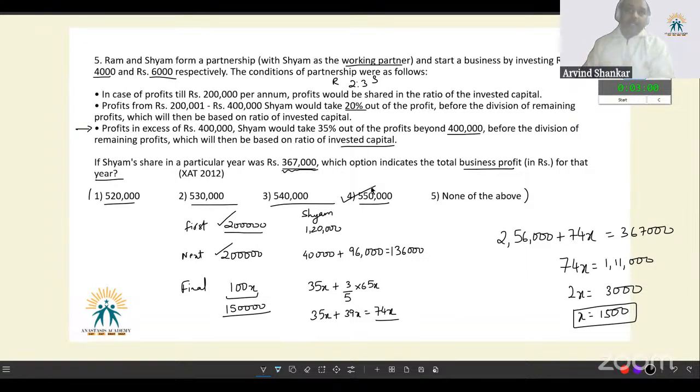If you've got it in tranches, if you've got it in bands, then make sure you only take a variable in that band in which the work is getting done halfway, or the first part was getting used fully anyway. So introducing a variable right at the beginning for total profit and then doing your work, the expression, perhaps that is the trouble we faced. We came up with a variable for the full profit, and because of that, the answer took time to arrive or the expression became messy.